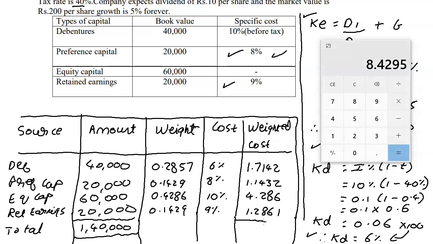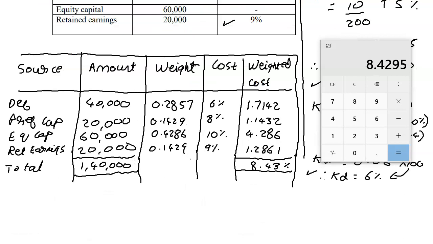Total is 8.43%. Therefore the weighted average cost of capital is equal to 8.43%.